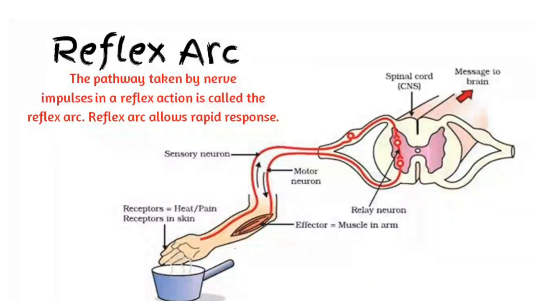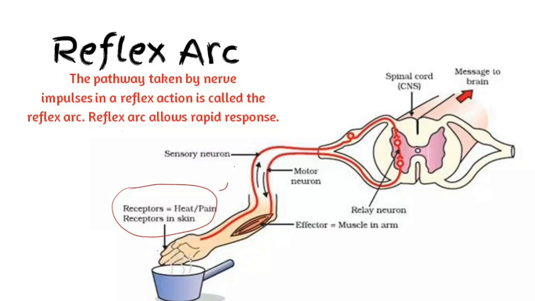Now, what is reflex arc? The pathway taken by nerve impulses in a reflex action is called the reflex arc. Reflex arc allows a rapid response. This is an image given in your NCERT textbook. Whenever you touch a hot object, the receptors first come into action.